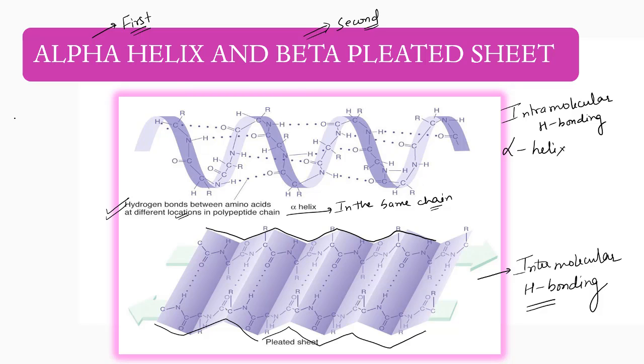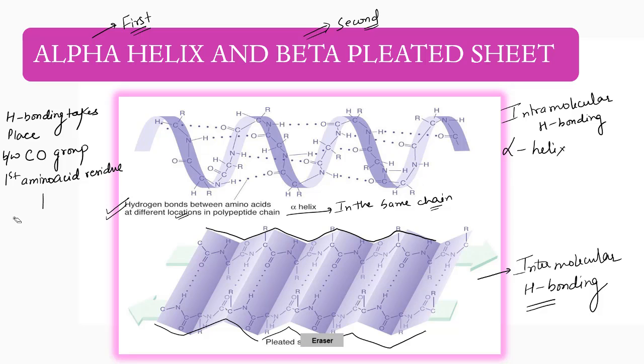Please remember, the hydrogen bonding takes place between the C terminus or carboxy terminus, the CO group of the first amino acid residue, with the amino group of the fourth amino acid residue.